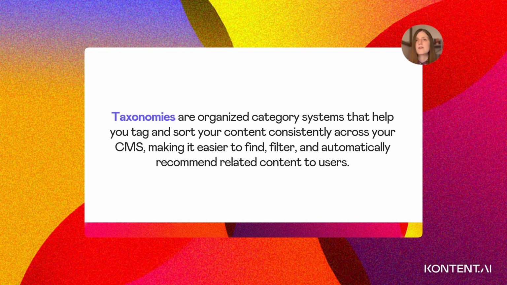A lot of our customers at Kontent.ai have huge content repositories with many content items, and it can be a real pain to find things, use things, and understand relationships between items if you don't have taxonomies in place. So think of it as a way to keep things really organized, especially in a system where content items are constantly added.